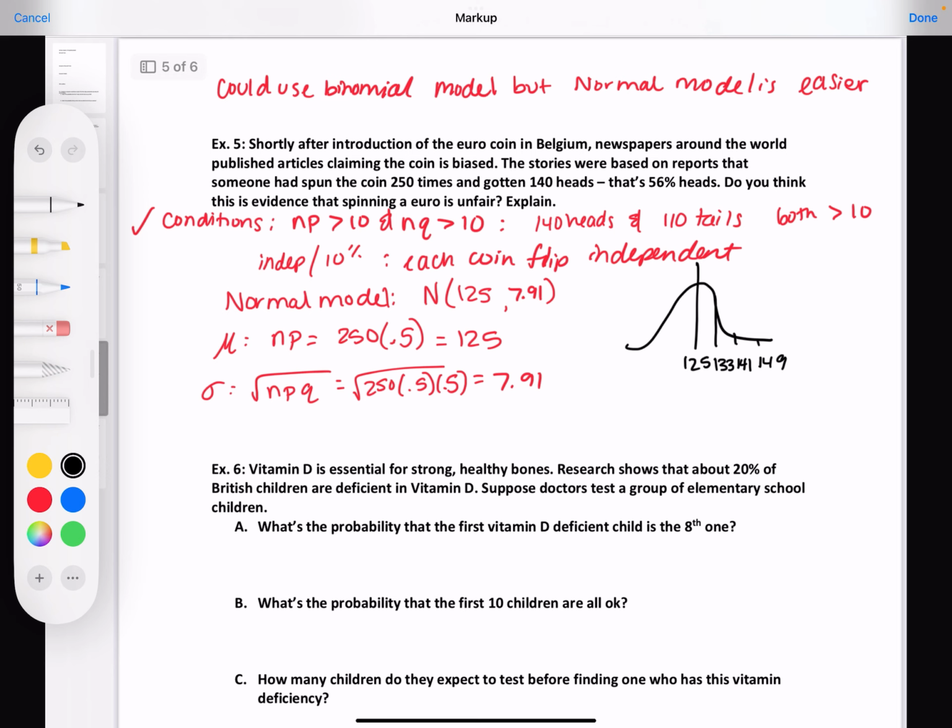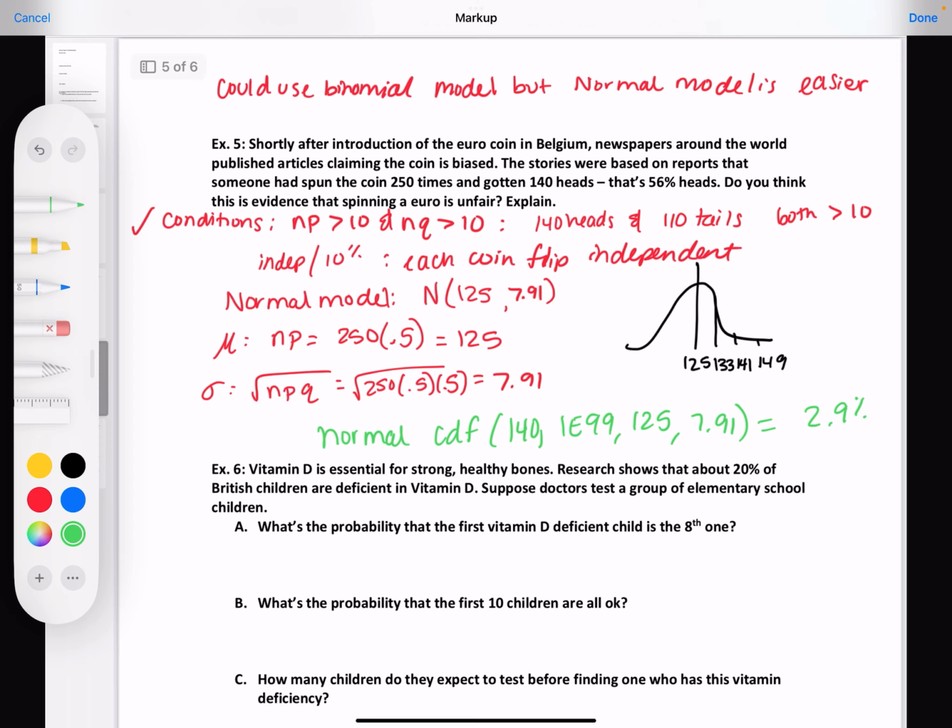And if we did that, it gives us 2.9%. So basically, there's a 2.9% chance that you get more than 140 heads, which is very small.